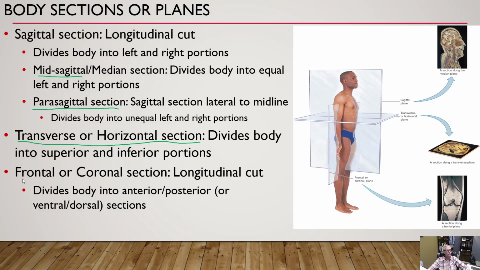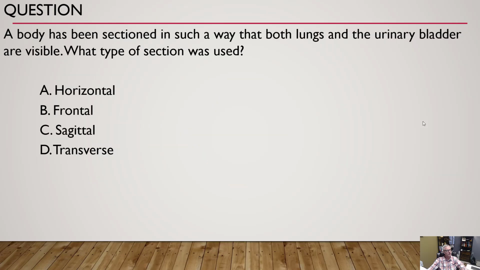Frontal or coronal section divides the body into a front and back section, an anterior posterior view. So with that said, a body has been sectioned in a way that both the lungs and the urinary bladder are visible.